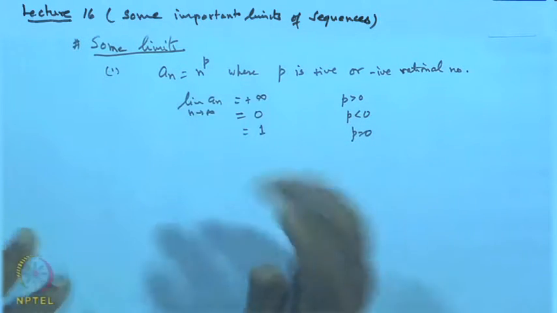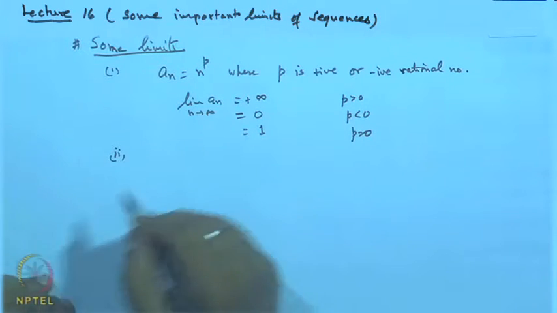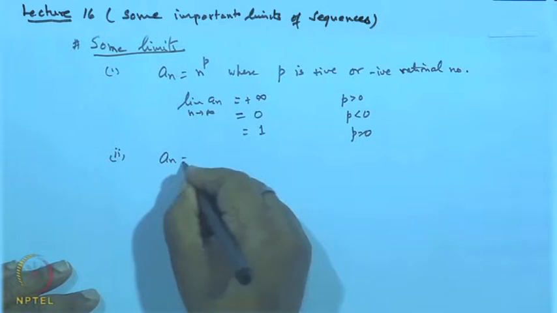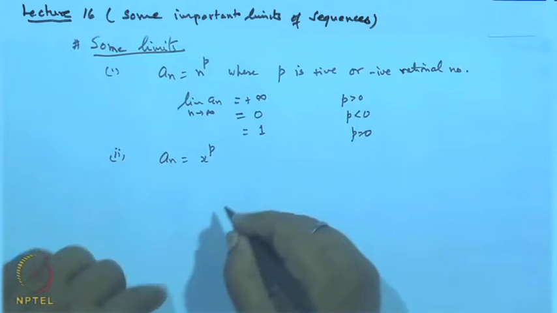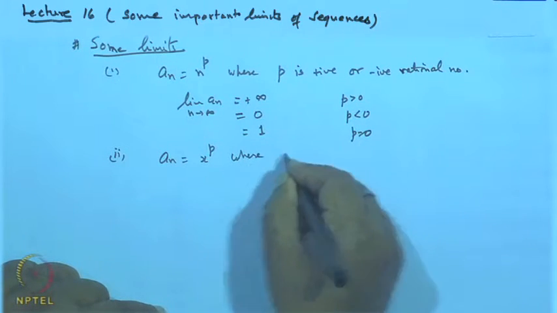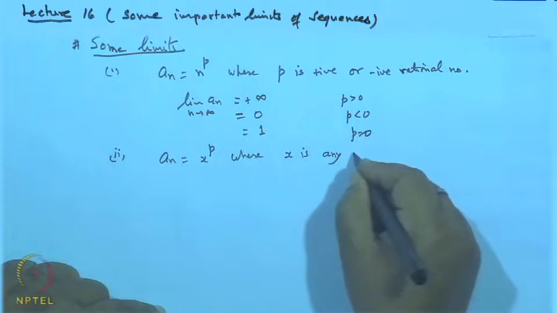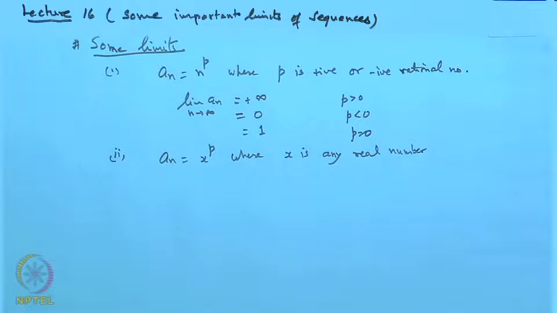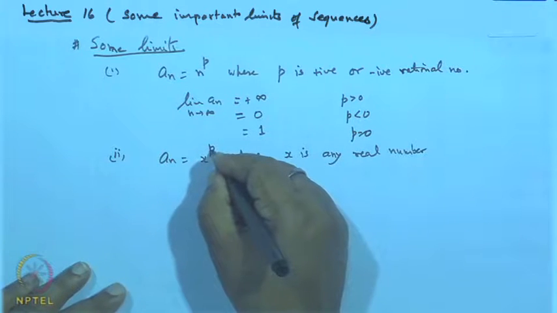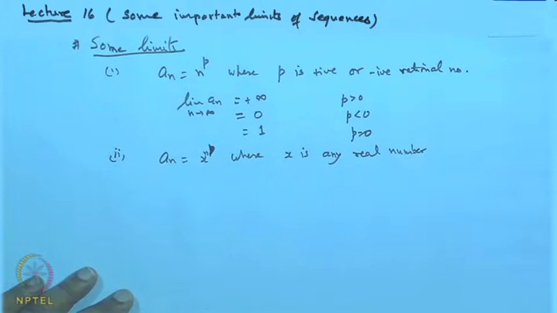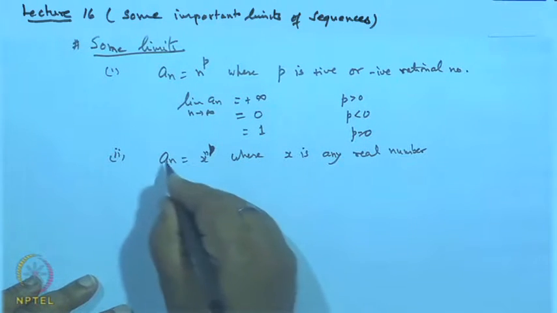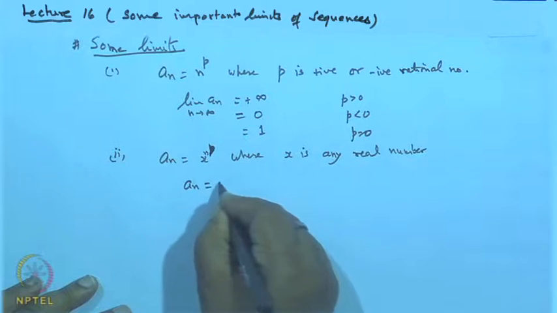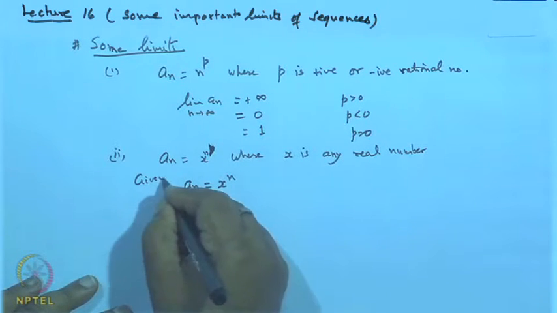So, it is simple, there is nothing to prove. Then another sequence: suppose a_n is x to the power n, where x is any real number. Clear?